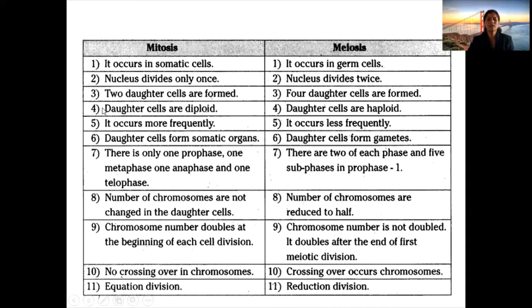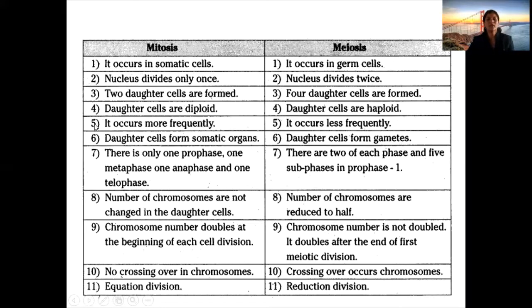Now the next point is daughter cells are diploid or haploid. That means it depends on if the parental cell is diploid, so it produces diploid daughter cell. If the parental cell is haploid, it produces haploid daughter cell. And in case of meiosis, daughter cells are haploid.